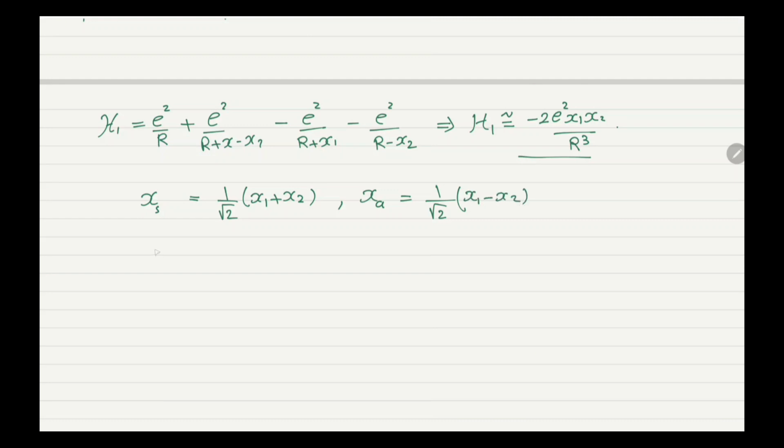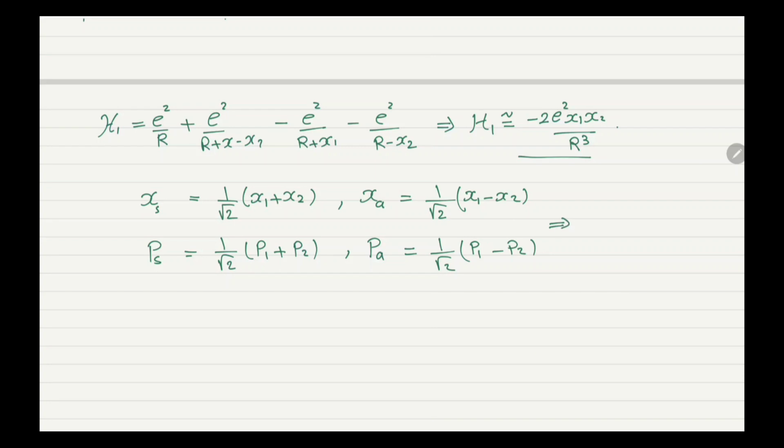Same thing for P symmetric, equal to 1 over square root of 2 times p1 plus p2, and P antisymmetric equal to 1 over square root of 2 times p1 minus p2.